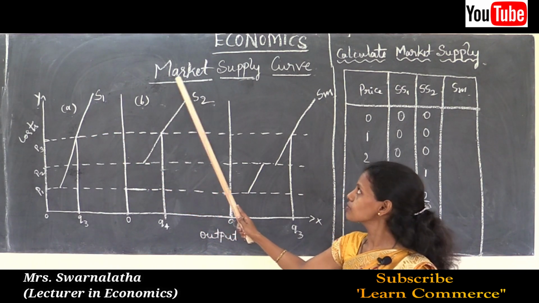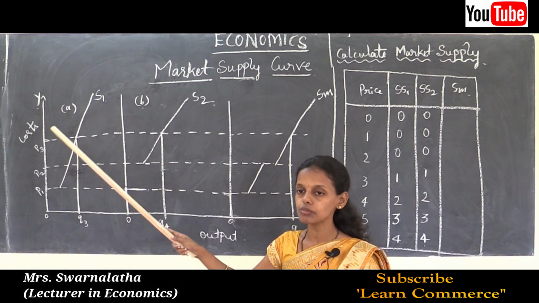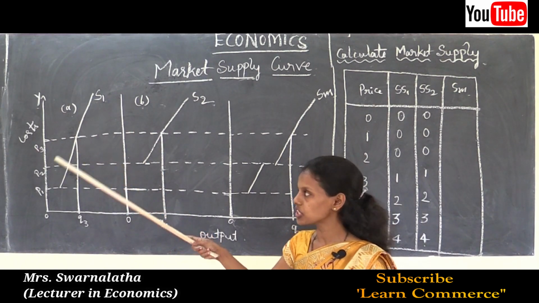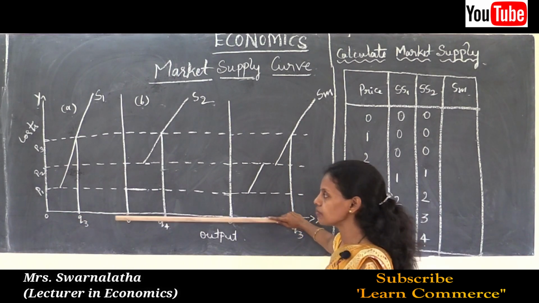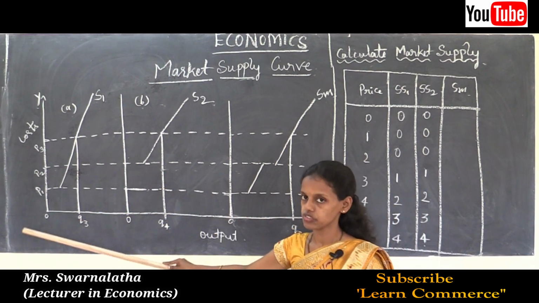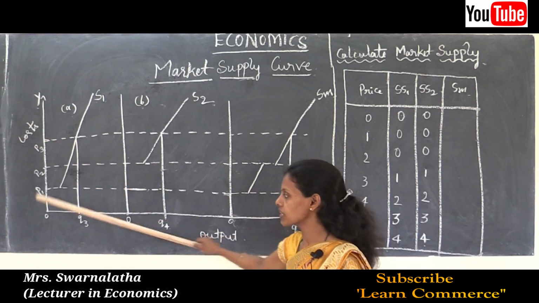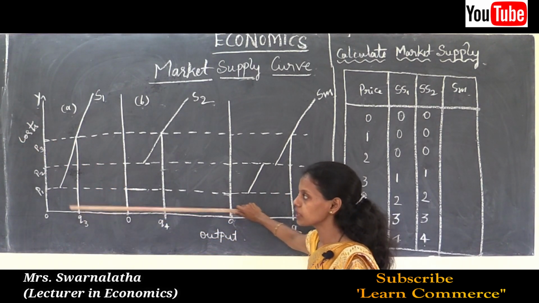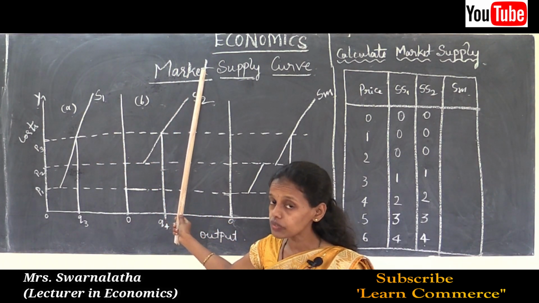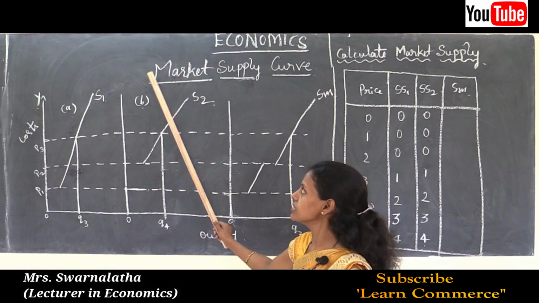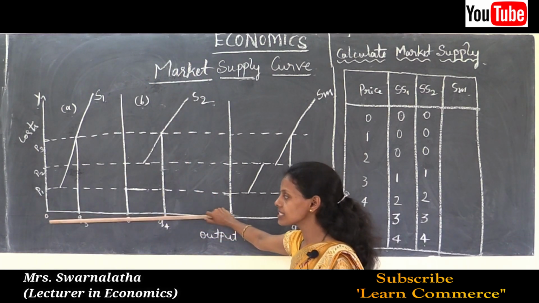So what does market supply mean? The market supply curve is the relationship between the output produced in the market and the cost structure. It is the relationship between the different cost structures and the output produced at a particular price. Whatever product is produced and marketed in the market through supply is the market supply curve.